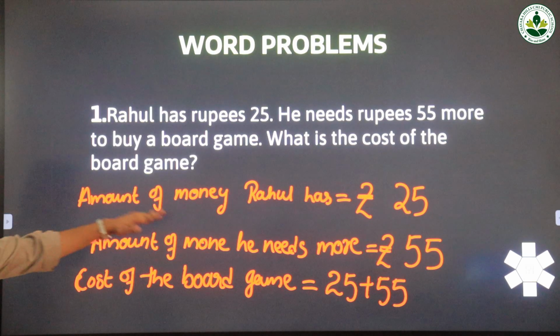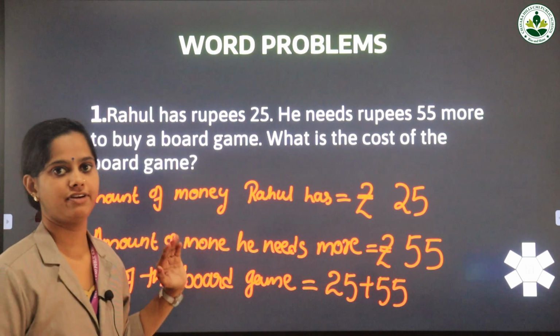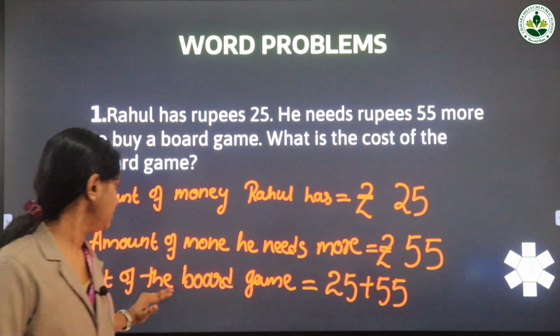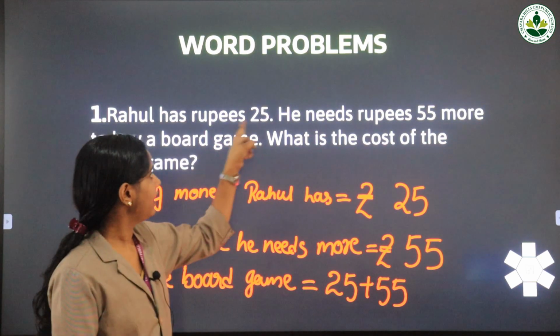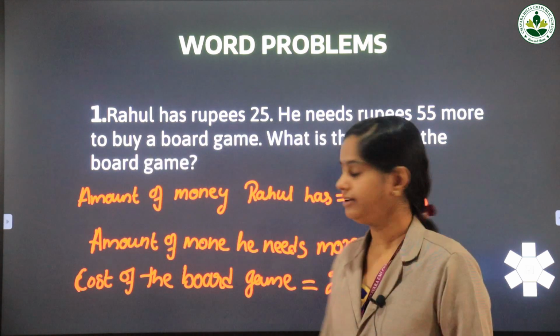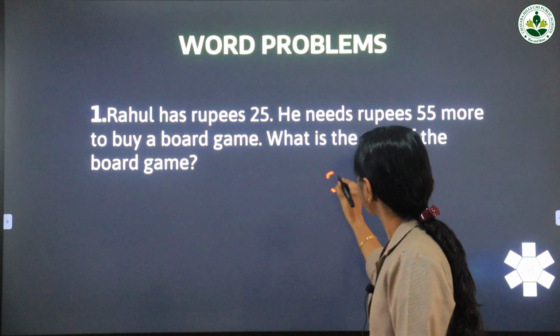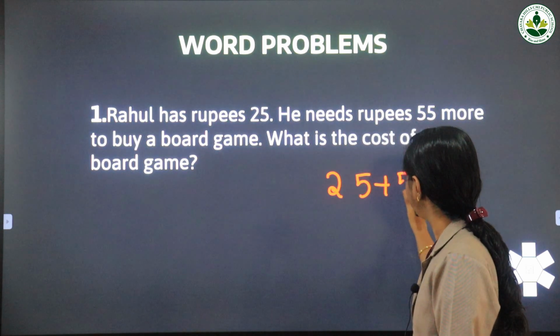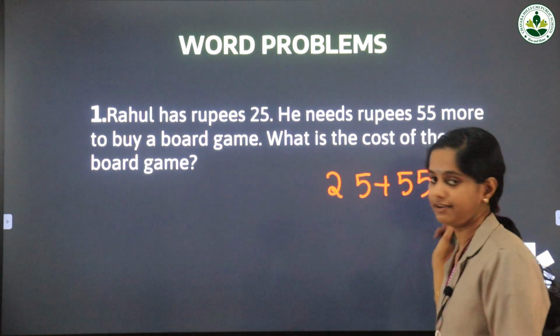Okay, the cost of the board game is equal to, we add 25 and 55. You have to find the sum of 25 and 55.